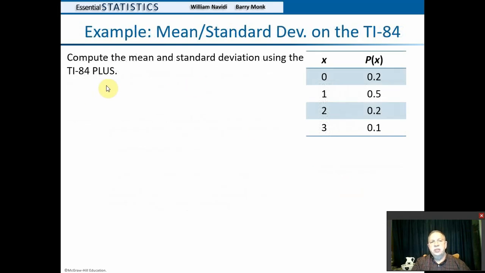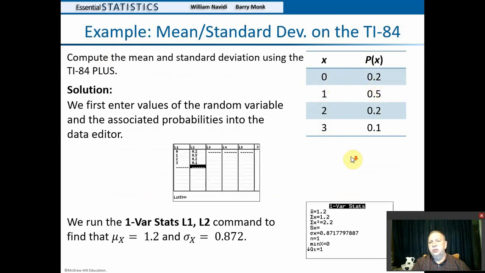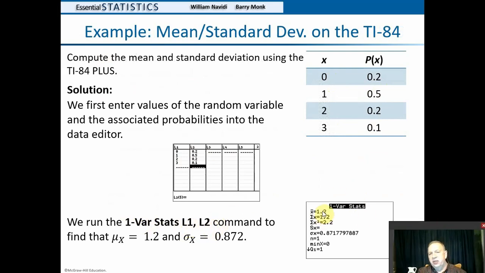So if I were doing this with the TI-84 Plus, here's my L1, enter these in L2. There's L1, L2, my one var stats L1, L2 command. And then this would give me, here's the mean, that's the mu of x. And then this is the standard deviation, either of the sample or in terms of the population.